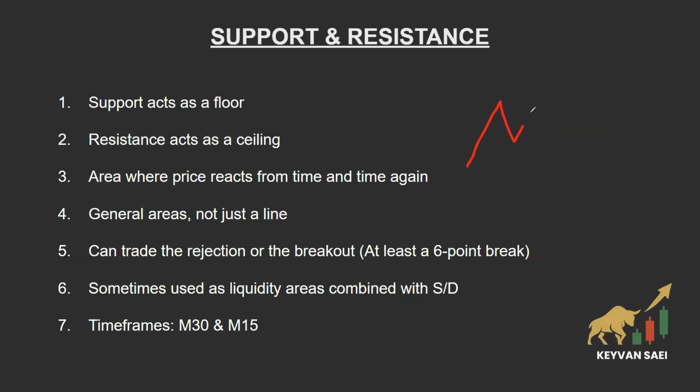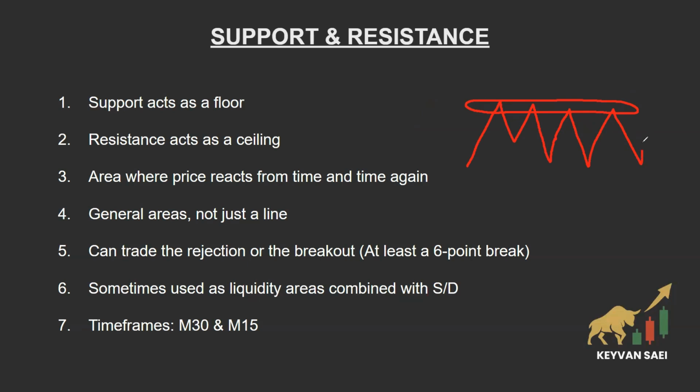So let's say we have this resistance level right here, right? We have this whole area right here where sellers have proven that they are strong and they are trying to hold this position or hold this price range, right?